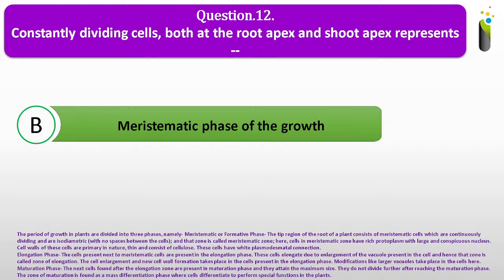Cell walls are primary in nature, they are thin and they consist only of cellulose. And these cells have abundant plasmodesmatal connections. So these are the typical features of the cells which are constantly dividing, that is meristematic cells, which are there at the tip of the root and the tip of the shoot.